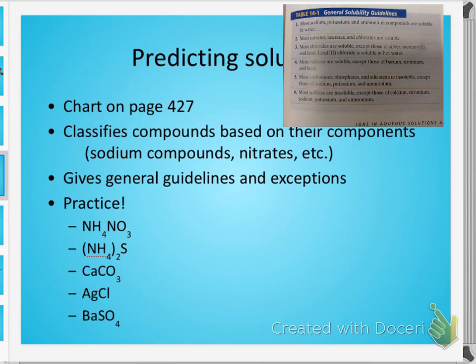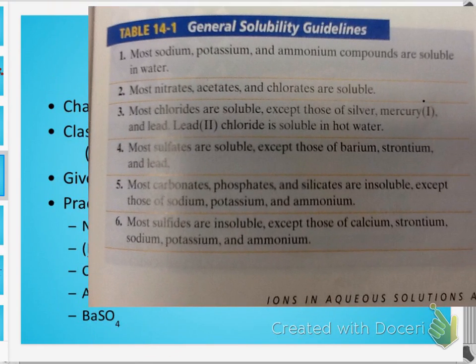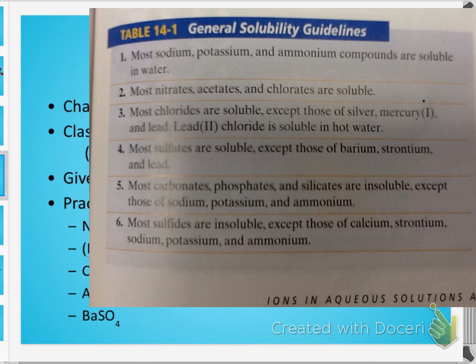So you're looking at the individual components of the compounds. What's interesting is, in terms of solubility, there tend to be similarities among phosphate compounds, sodium compounds. And these guidelines here just talk about the individual families. So, for instance, most sodium, potassium, and ammonium compounds are soluble in water. Most nitrates, acetates, and chlorates are soluble in water.